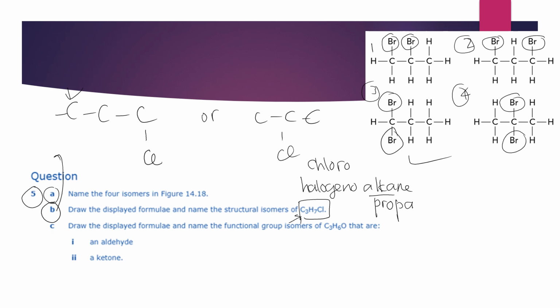Then we draw the rest of the valence electrons of carbon, because the question asks for the displayed formula. So we draw all the hydrogens. That's the displayed formula. This one, substance number 1, is 1-chloropropane.